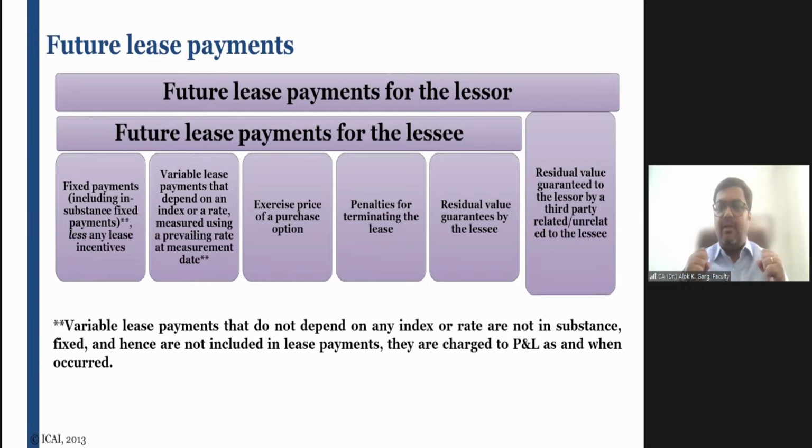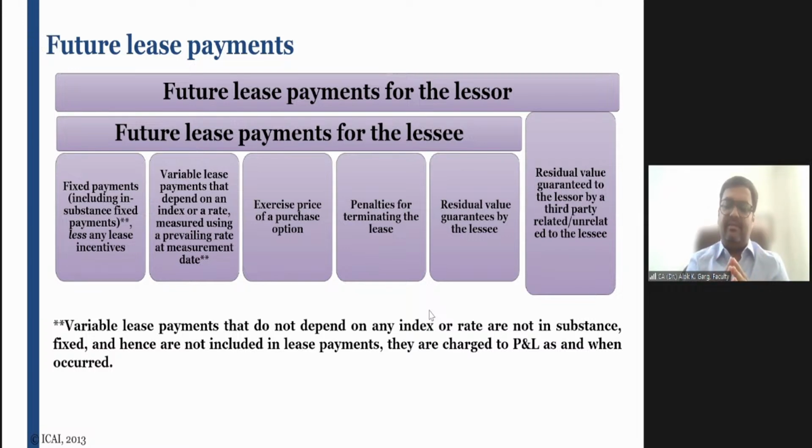So if I talk about this entire thing, friends, what is the part of this lease contract? Number one, 1 lakh rupees is the lease rental, which is a fixed payment. The escalation amount, which is 10% every year on the basis of the last lease rental, is in substance a fixed payment.